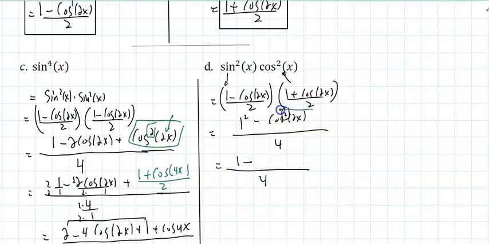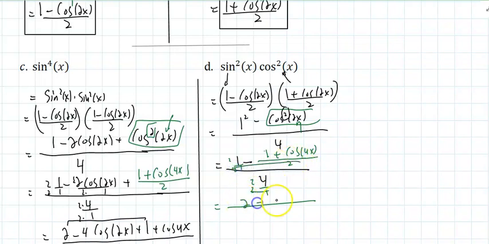If I reduce this, that is a fraction. That's 1 plus the cosine of double that angle divided by 2. A complex fraction again. This is over 1, this is over 1. Multiply by 2 top and bottom. Ignore the denominators.